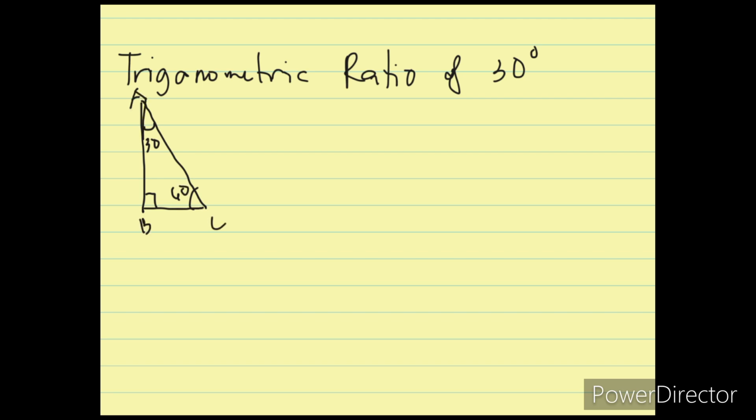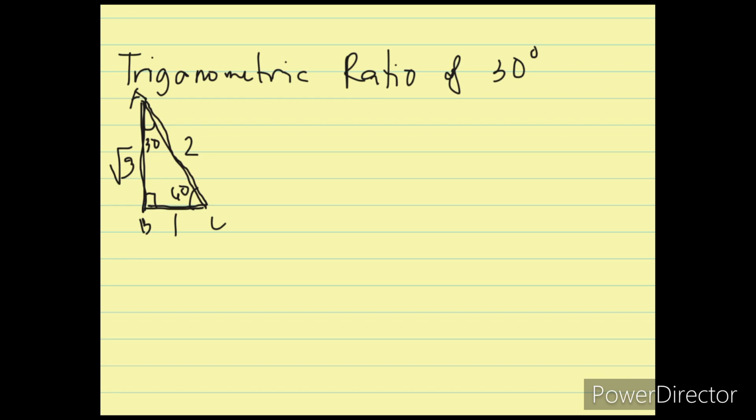This is the adjacent of 30 degree, and the measure of that is square root of 3. And the length of the hypotenuse is 2. So this is the hypotenuse, that is 2. And the opposite of 30 degree is 1.